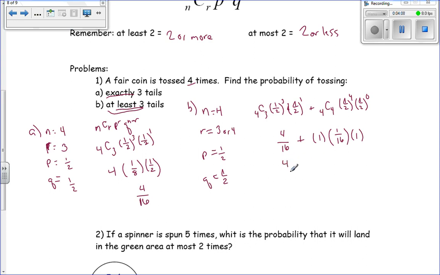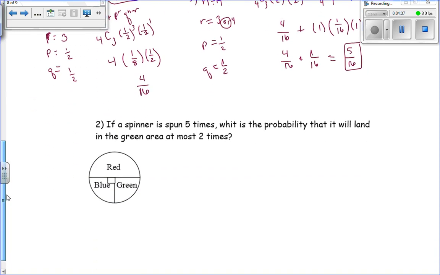So we have 4/16 plus 1/16, which gives me 5/16. Which is the reason why we don't reduce our fractions, because we end up adding them in these problems. Just a little bit of information. When you can say the word or, that means you're going to add the probabilities together. If I say the word and, I have to multiply my probabilities.